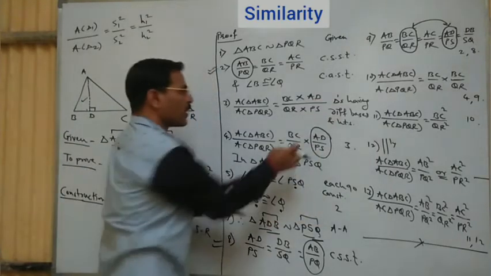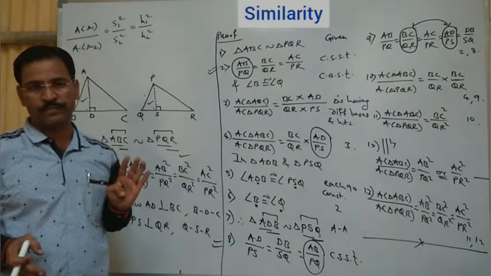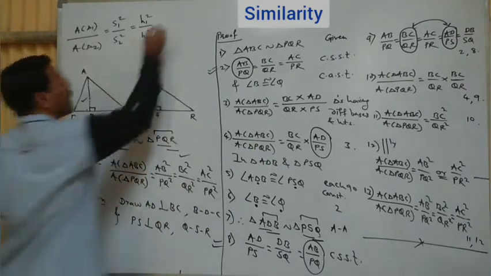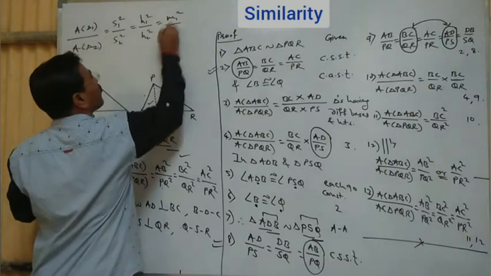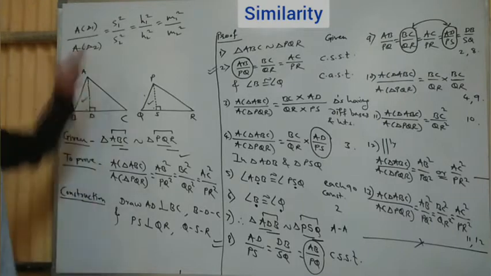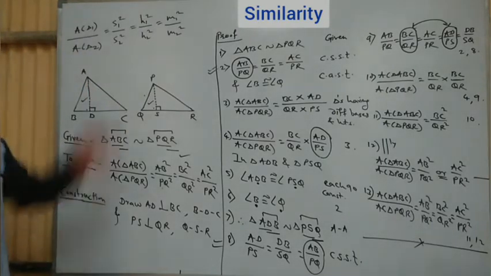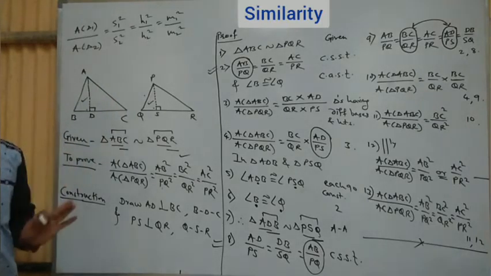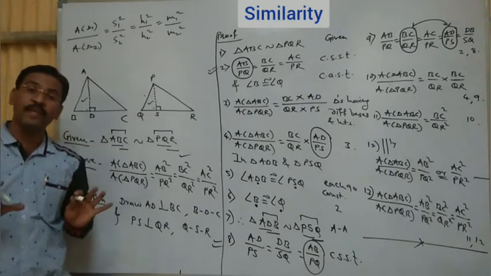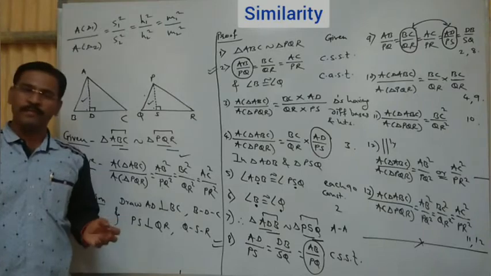Similarly, instead of replacing AD upon PS, we may replace BC upon QR also. In the same manner, we can prove M1 square upon M2 square for medians also. So this property we can apply in some examples also. That is why this one is very important. Understand friends? Just watch carefully and practice carefully, then you can understand.